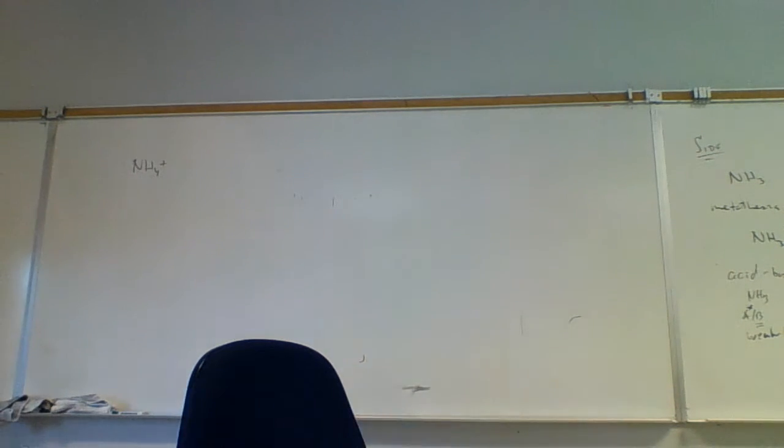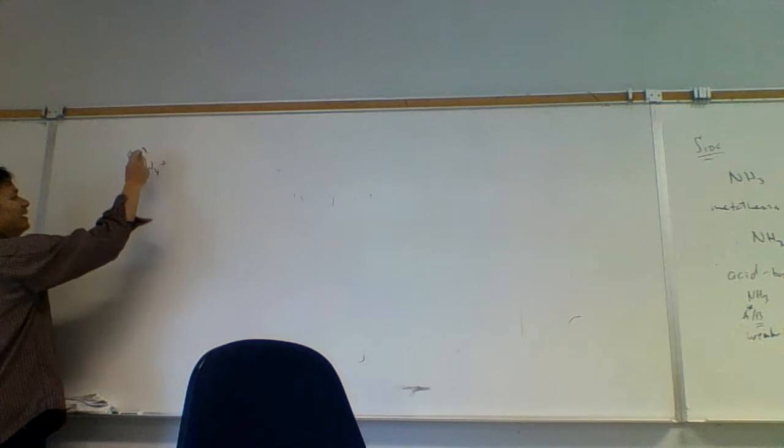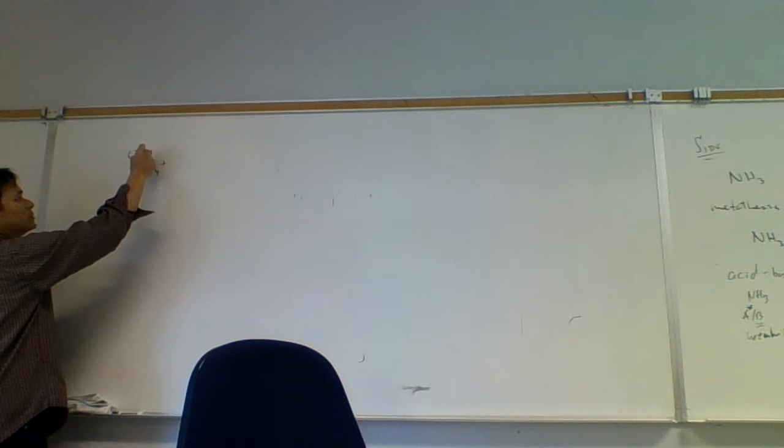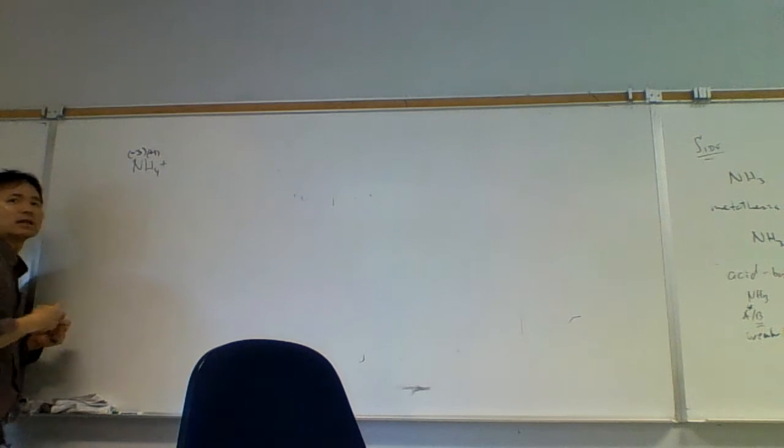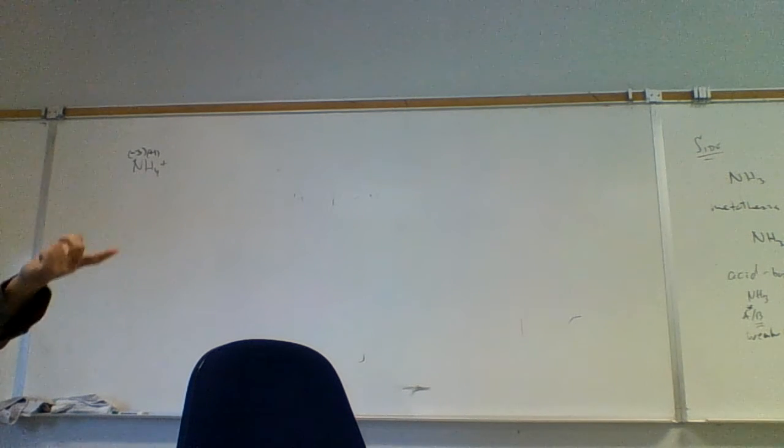What's nitrogen's? -3. Hydrogen? +1. And so is that electron rich or electron poor? Electron rich. Ammonium and ammonia have the same redox properties. You can burn either one. They're going to burn and create the same kind of nasty, toxic gases.